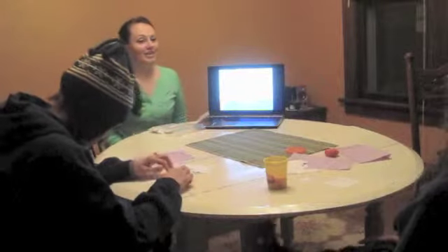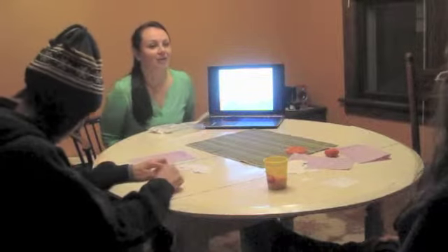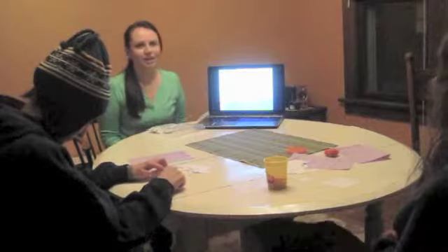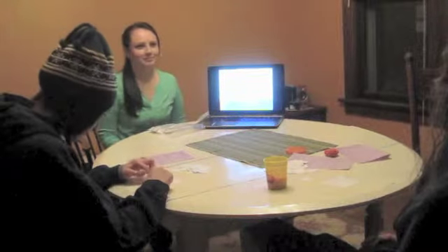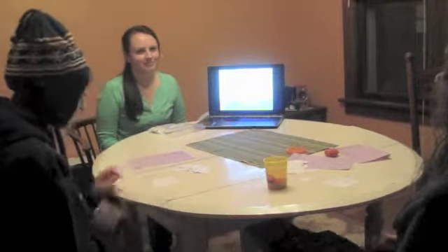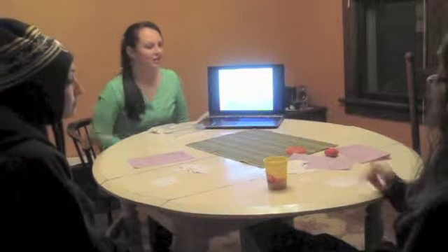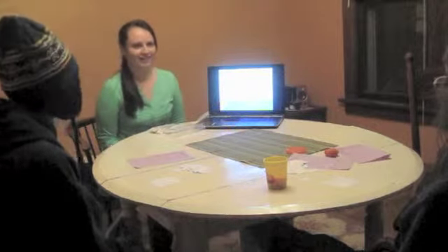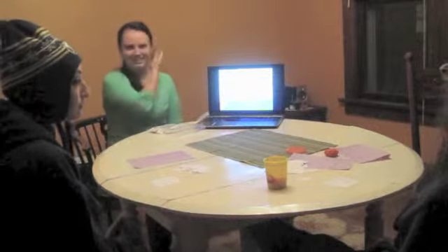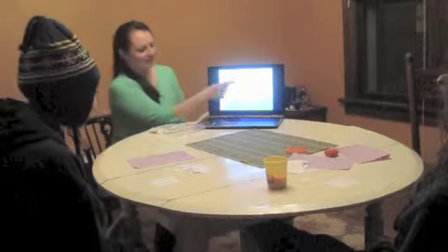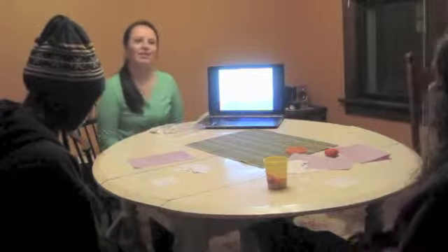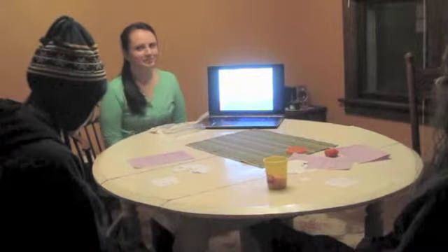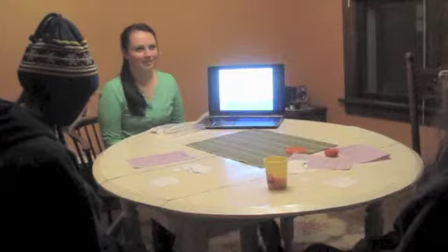Okay, so now what I'd like you to do is figure out what the perimeter is. Who can tell me how you find the perimeter? You count the sides of the squares. So on one side, if I counted the squares, all the squares on one side. Okay, so what is the length of one side of my rectangle? 3.